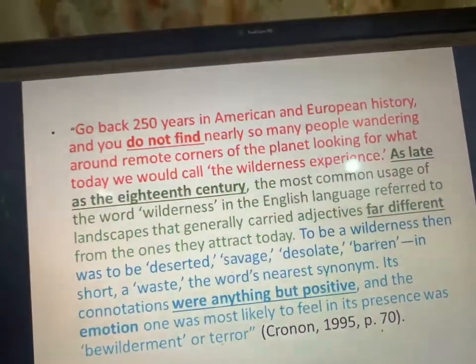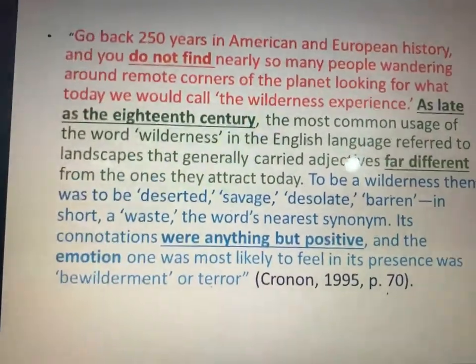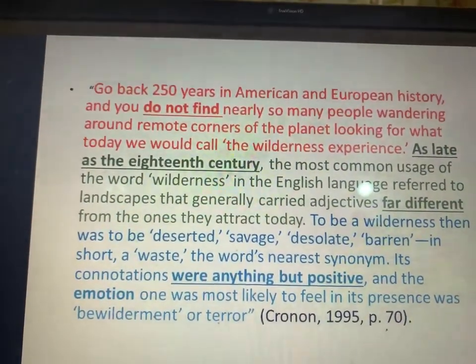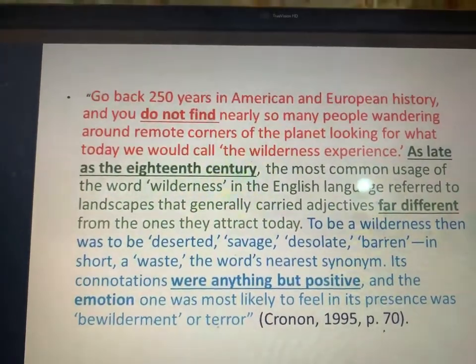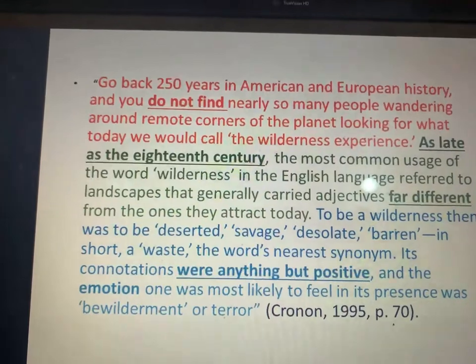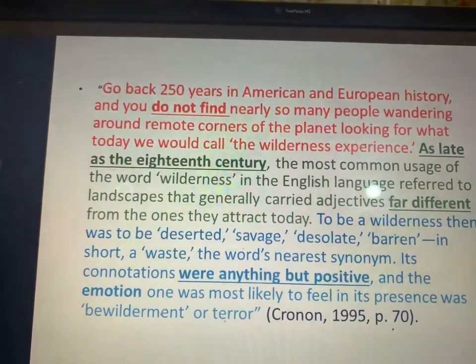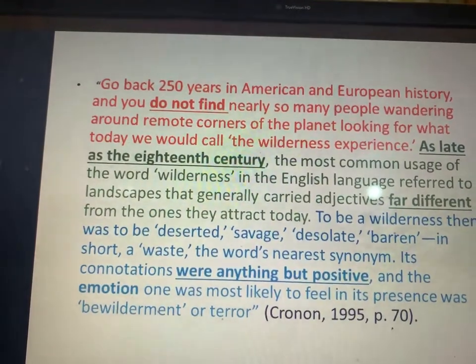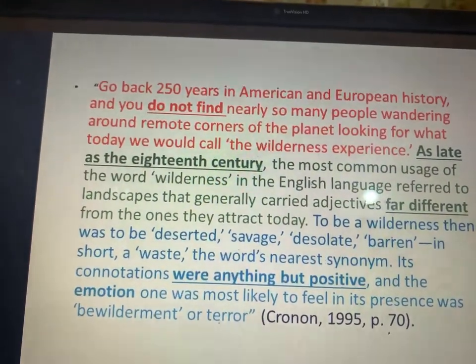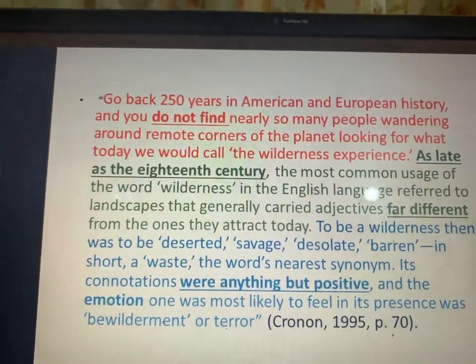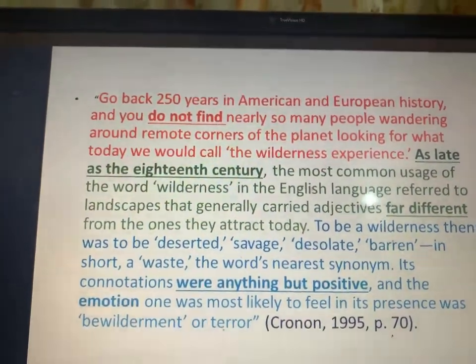That's the summary of the idea: people were not interested in wilderness experience. So how do we paraphrase this sentence? You can say it was not very popular. People don't go wandering in the wild. So you start thinking, okay, it's not very popular, not very common.